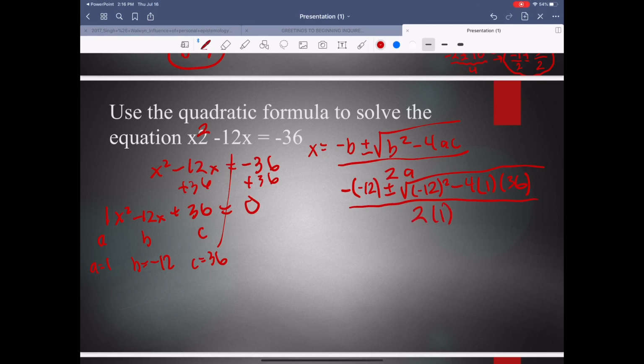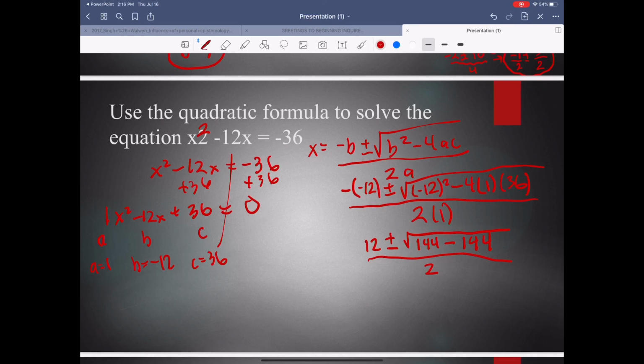All right, so go ahead and start simplifying each part. So negative 12, that gives me a positive 12, because negative times a negative gives us a positive. Negative 12 squared gives me a positive 144 minus 144. All this divided by 2 times 1, which gives me 2.